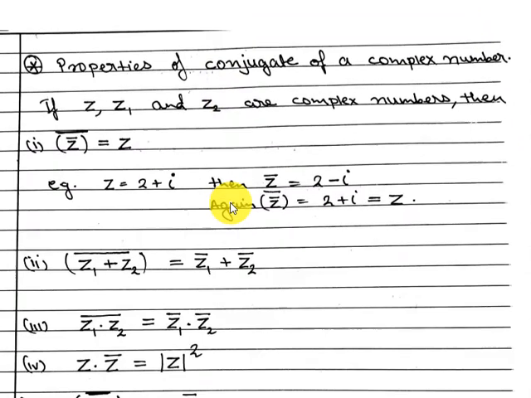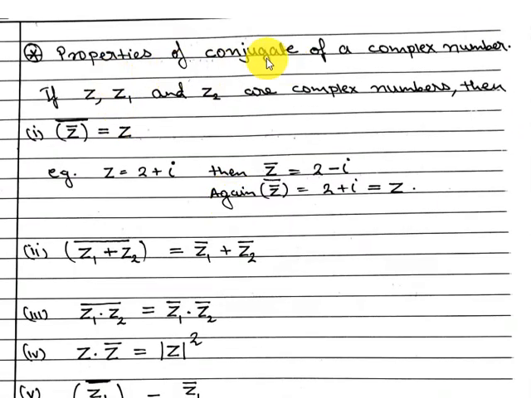And next is properties of the conjugate of a complex number. Suppose z, z1 and z2 are complex numbers. The first property: the conjugate of the conjugate of z is simply z.